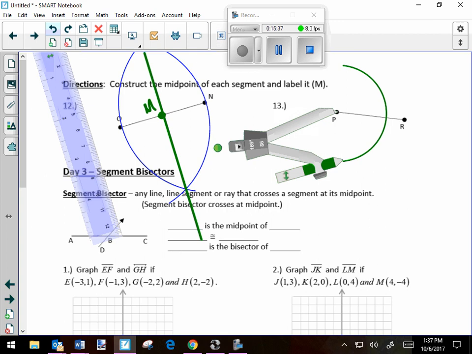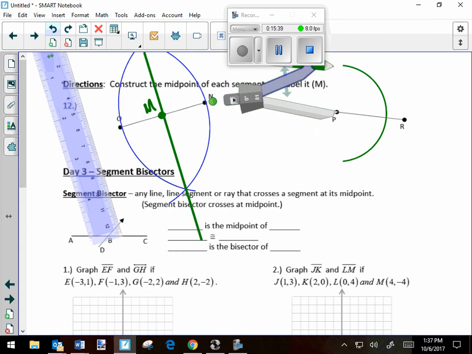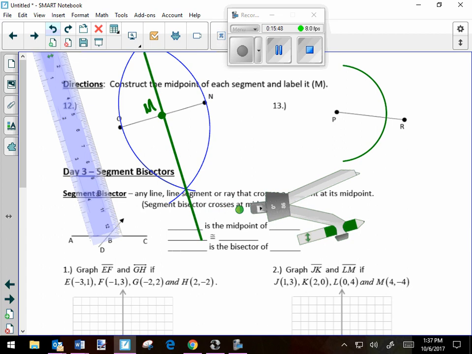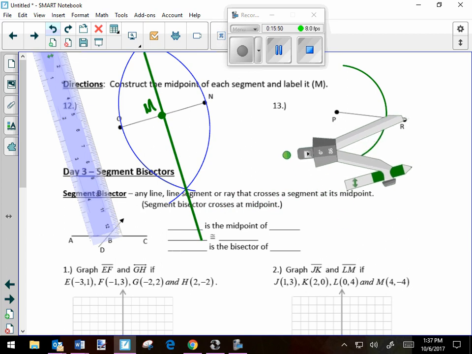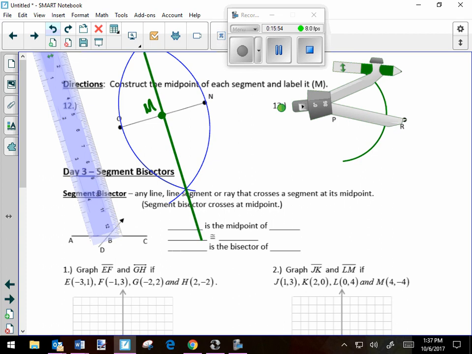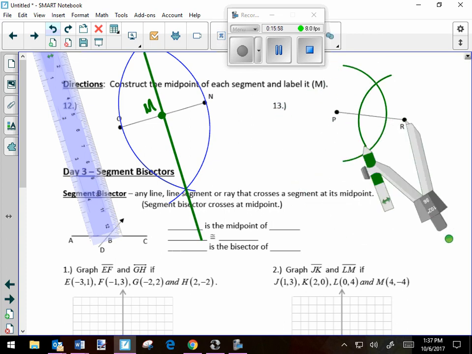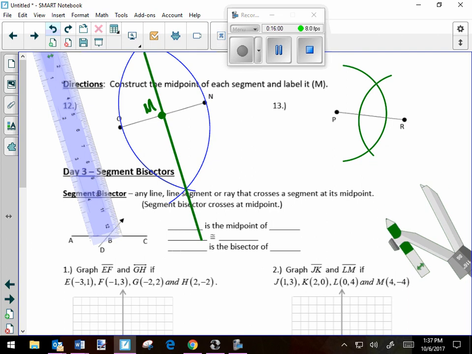Now I can make my compass over here, and then go back, pick up my ruler, and I can draw that in.